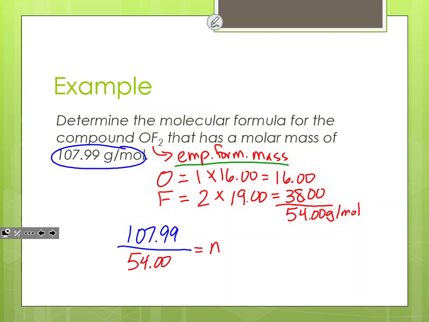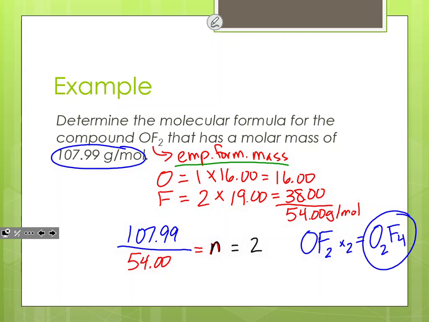That's going to give us our N, or our multiplying factor. What does N end up being? N equals 2. Very easy. It should be a whole number, by the way. It could be like 1.99 or 2.01, but it should be very close to a whole number. Then all we have to do is take our OF2 and multiply all the subscripts by 2. So this ends up being O2F4, and that would be our molecular formula.